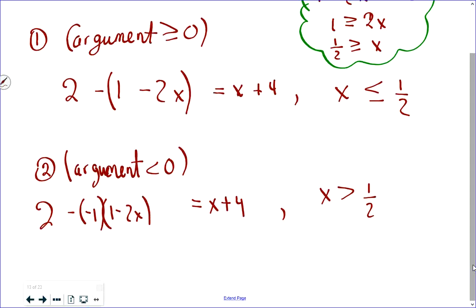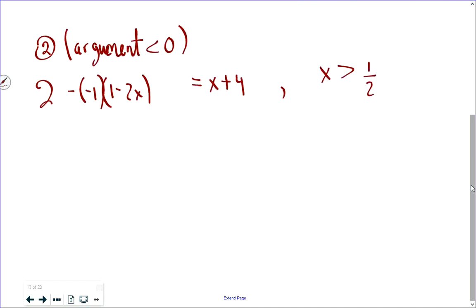Okay, well, that actually makes it pretty easy to solve because that minus and negative cancels and we don't need to worry about the subtraction at all. We get 2 plus 1 minus 2x equals x plus 4. This minus times this negative becomes positive. What do I get here?